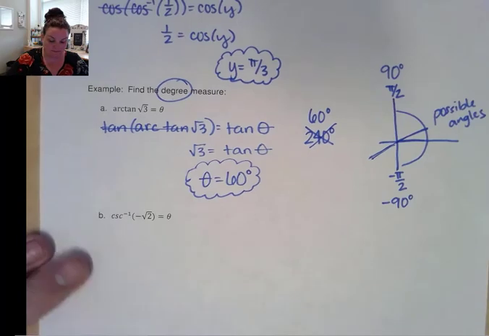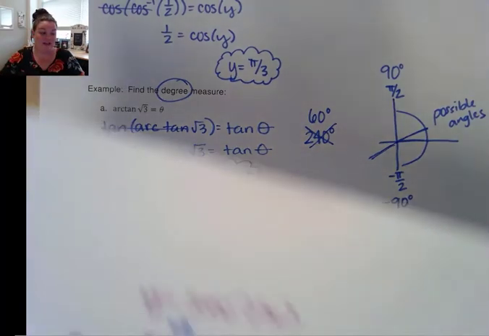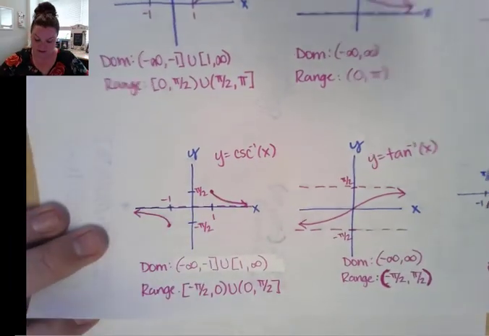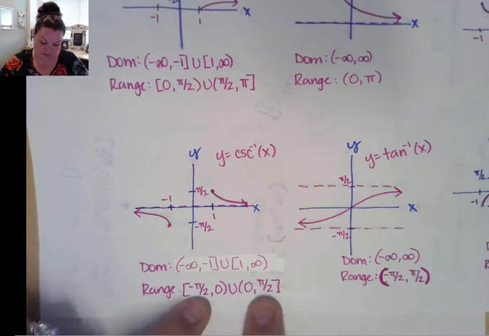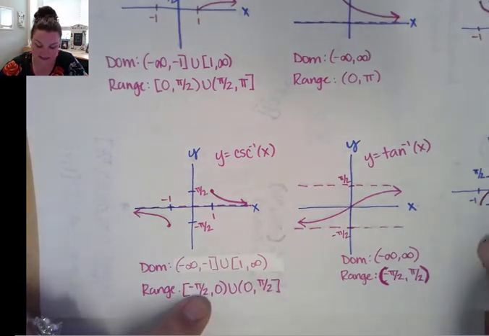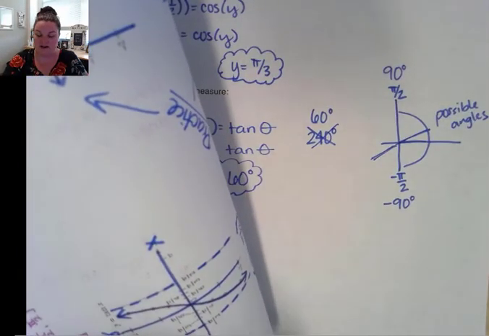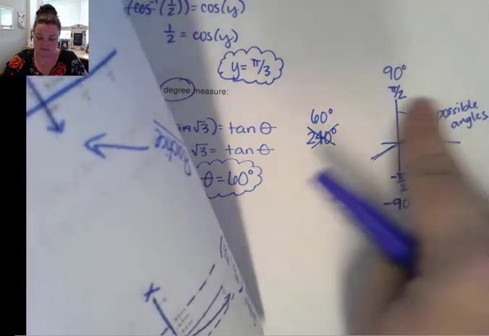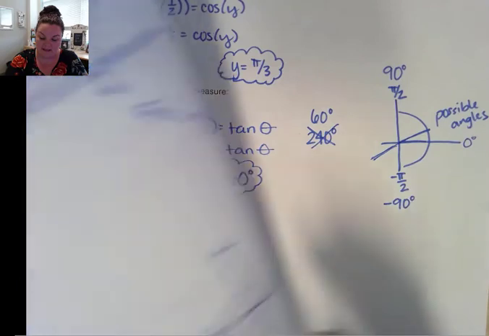This one is cosecant. So let's go back to our cosecant graph and see what its range is. Cosecant here has to be between negative pi over 2 and pi over 2, but there's an asymptote at 0. So basically the way we can write this easily is it has to be from negative pi over 2 to pi over 2. That's very similar to what we just had for tangent, except this time it can't equal 0.